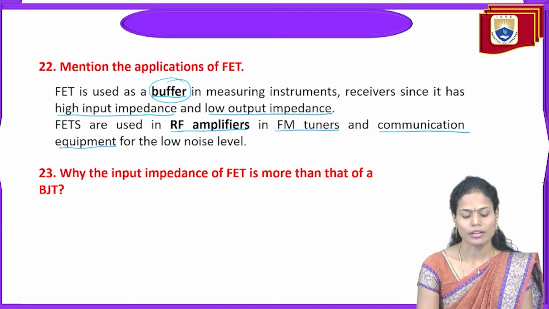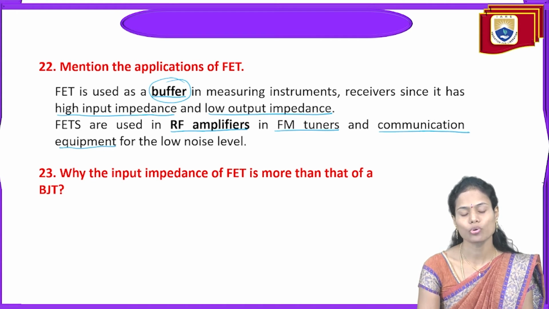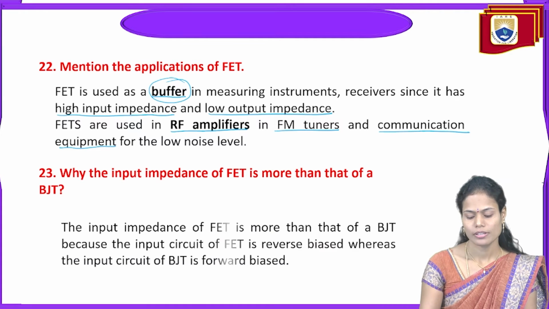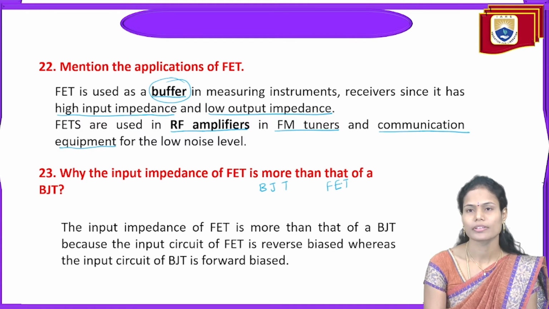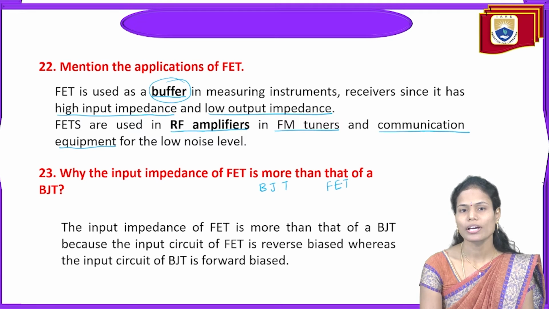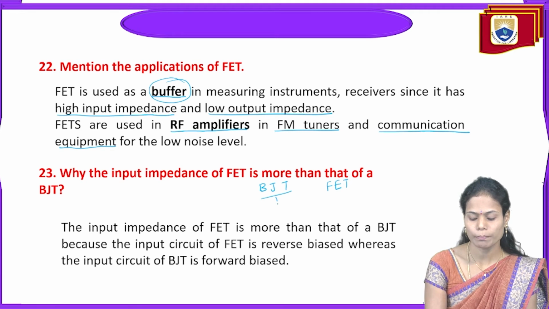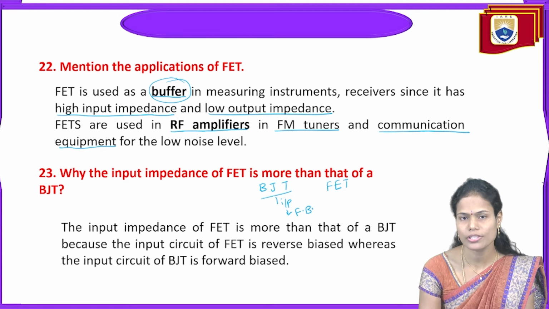Next one is, why is the input impedance of a field effect transistor more than that of a bipolar junction transistor? If we take both the BJT and the field effect transistor, in the case of a bipolar junction transistor, the input junction is always forward biased.